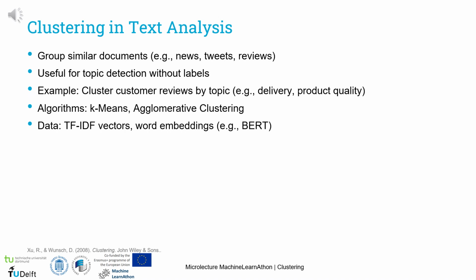So for example, you have lots of reviews on a product, or Google reviews, and you want to look for the especially bad ones or the ones talking about a certain feature. Then you can use clustering to identify these subgroups. Algorithms you can use are k-means and agglomerative clustering, and the data are TF-IDF vectors or word embeddings.